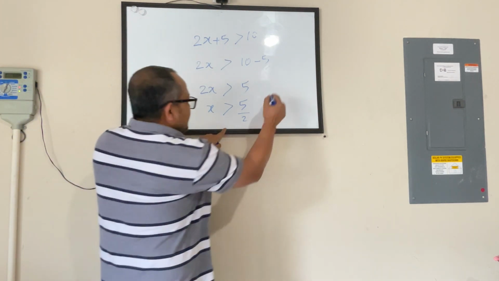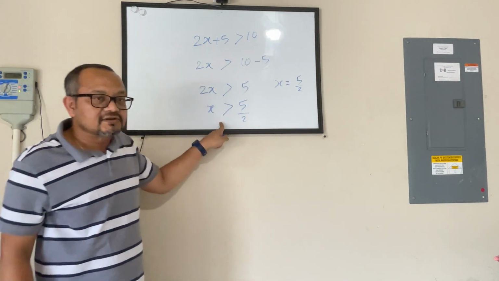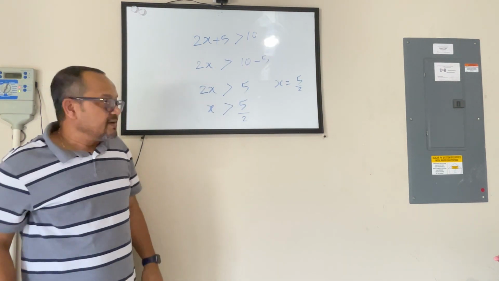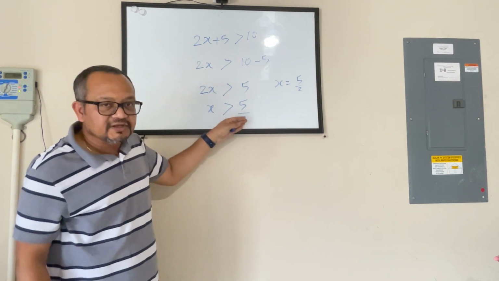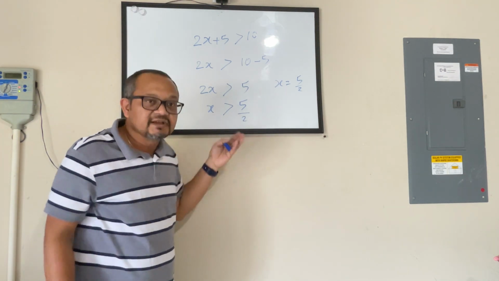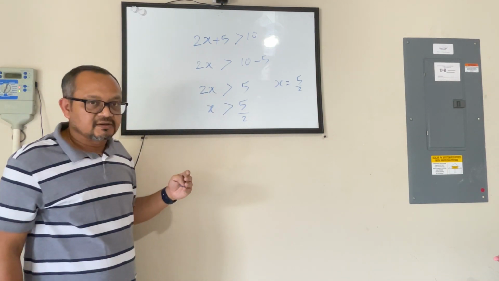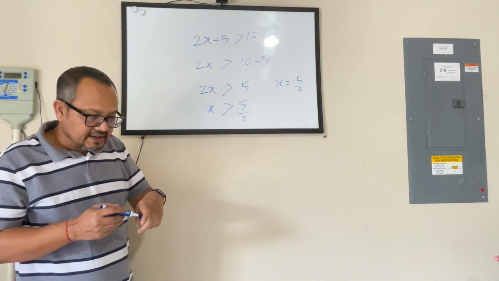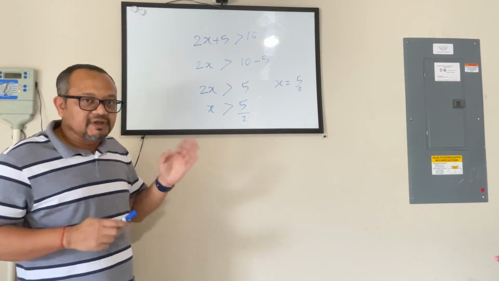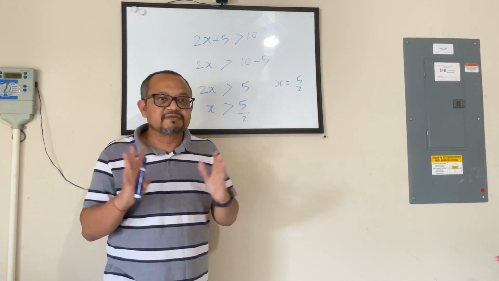In the previous case, I got the value of x equal to 5 by 2. Here I got x is greater than 5 by 2, meaning any value which is above this is my answer. If I say x equals 3, that is a possible answer. If I say x equals 5, that's a possible answer. So inequality deals with the same thing in a slightly different way. When you say equal to, it gives you the exact value.